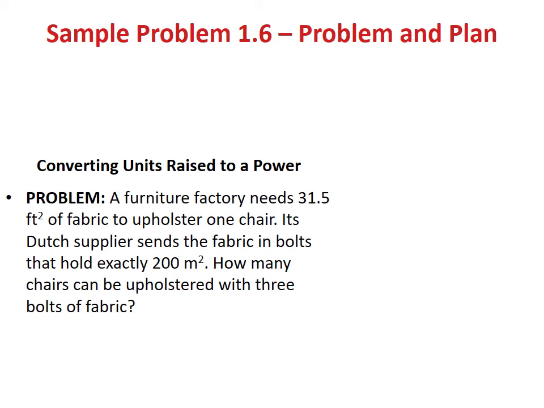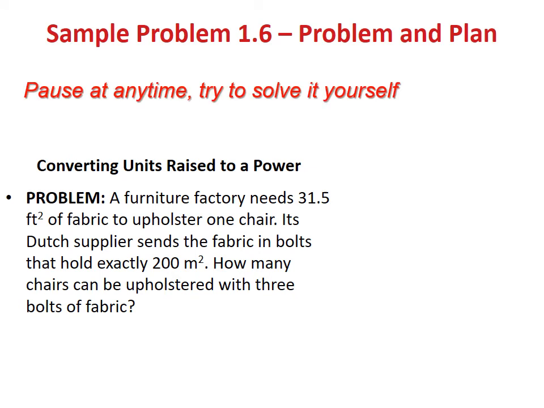Sample problem 1.6. A furniture factory needs 31.5 square feet of fabric to upholster one chair. Its Dutch supplier sent the fabric in bolts that hold exactly 200 square meters. How many chairs can be upholstered with 3 bolts of fabric?